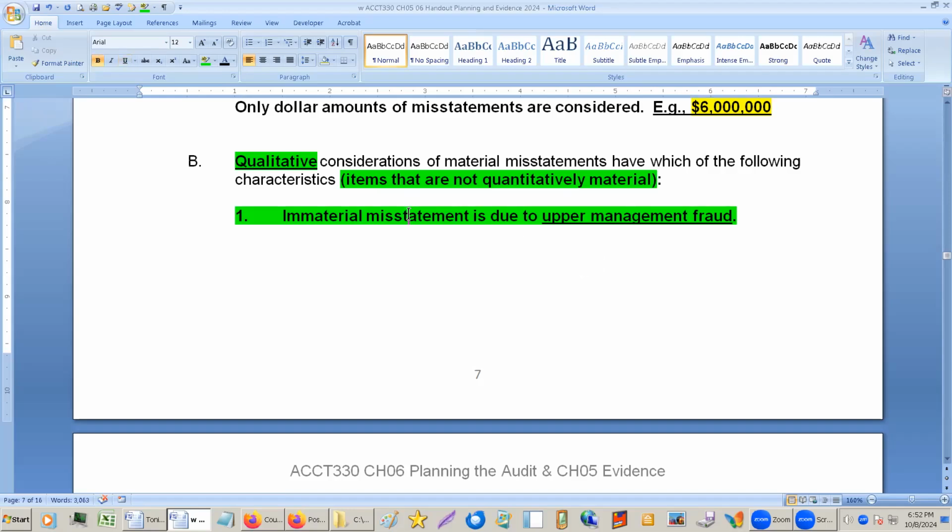I can tell you that would definitely be material. And you say, why? You're pretty much required to rely on upper management. If they are not trustworthy, this is that integrity thing of the client. If you cannot trust what they're saying, that changes the audit completely. And so upper management fraud is different.